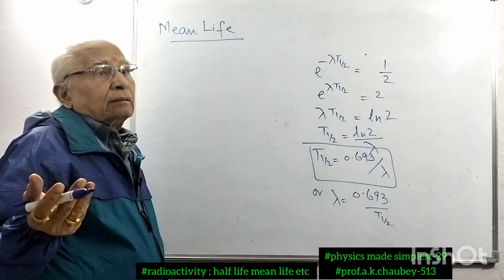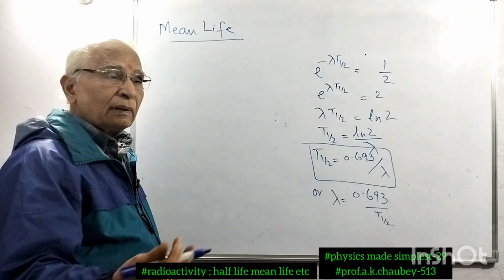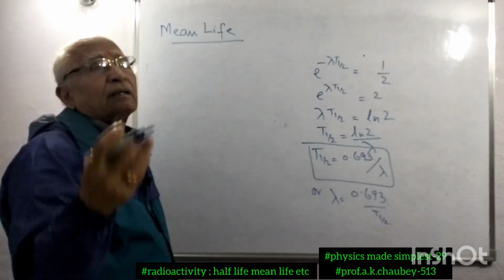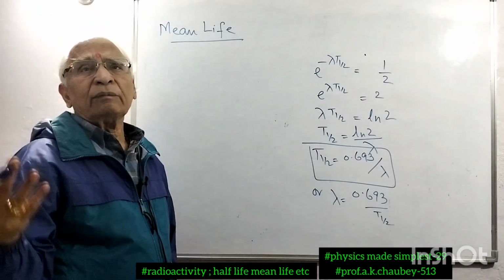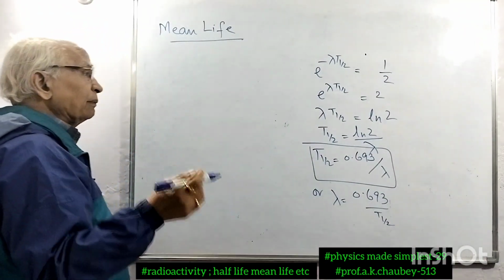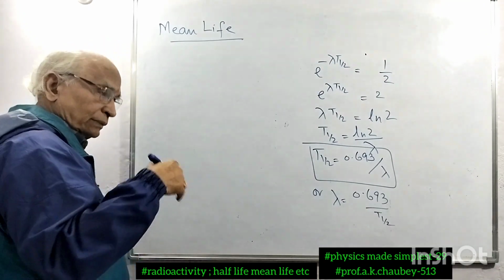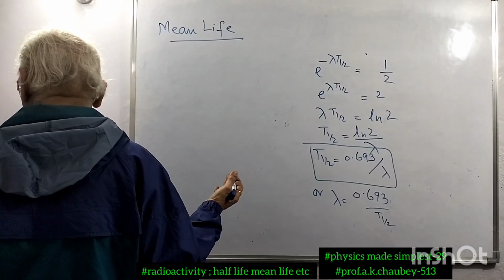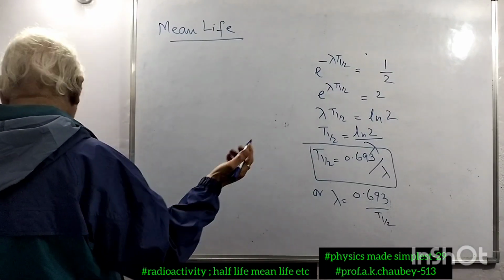So different nuclei are decaying with time, exponential decay. Even when t is very large, some nuclei are still remaining, meaning they have infinite lifetime, you can say. All nuclei are not decaying at one time. Some are still remaining. So we have a mean life, meaning lifetime from 0 to infinity.